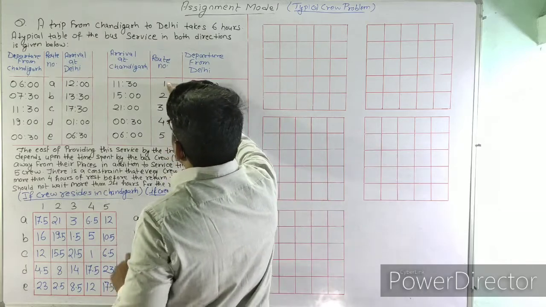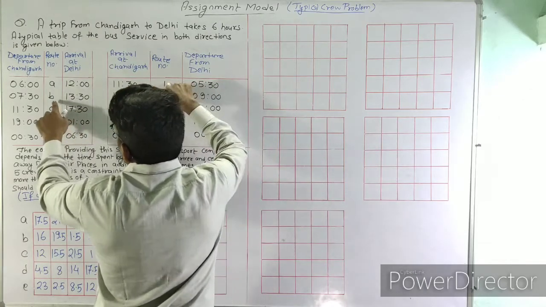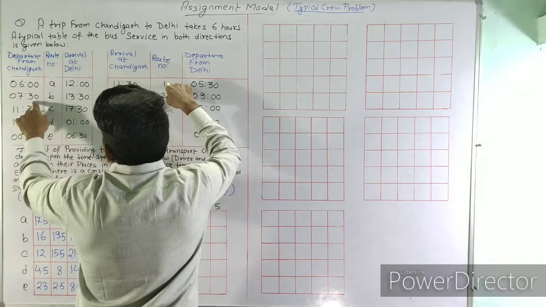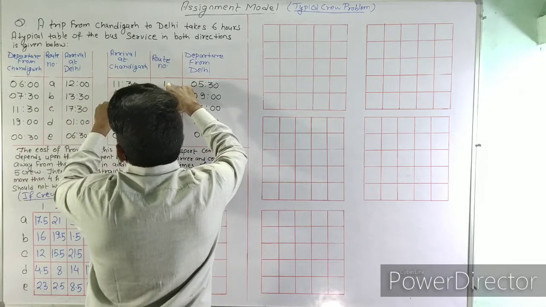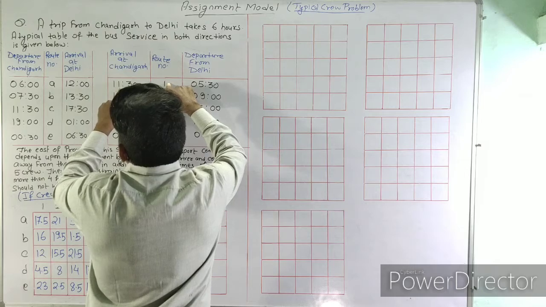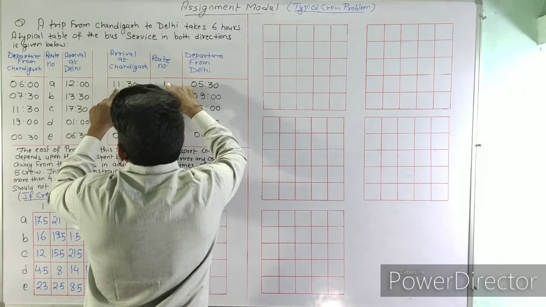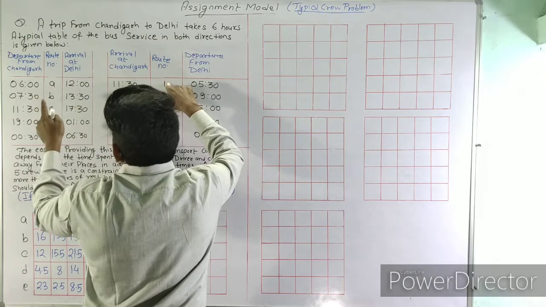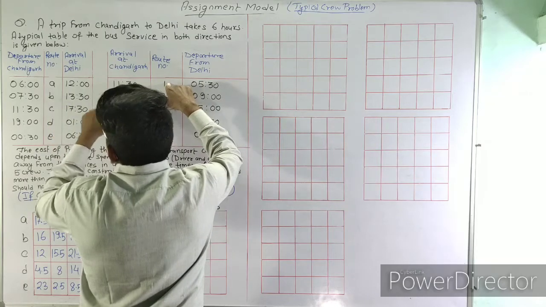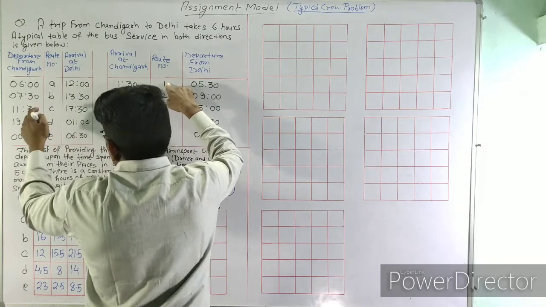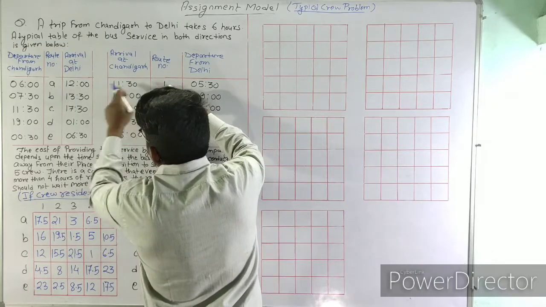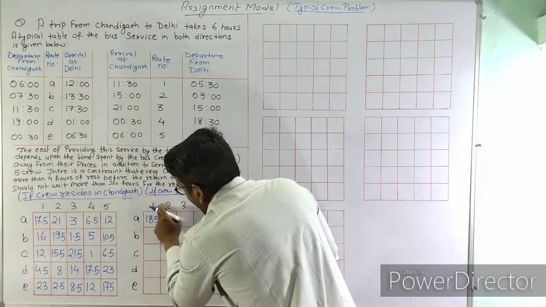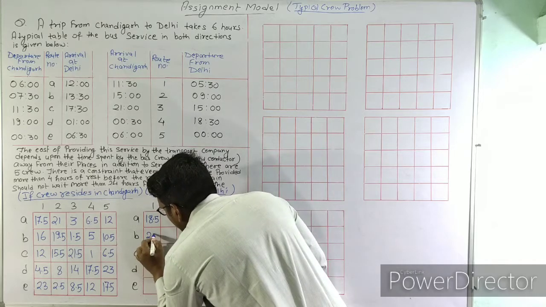Now if it arrives from route 1 and departs from route B, the difference is 12 plus 8, 12 plus 8 is 20, so this will be 20 hours from route 1 to B.